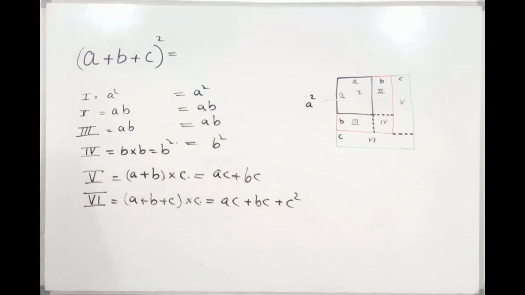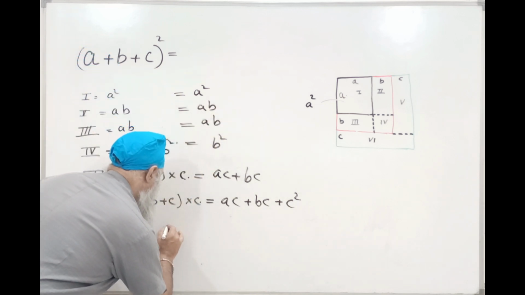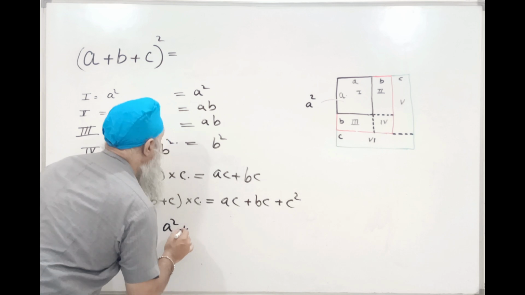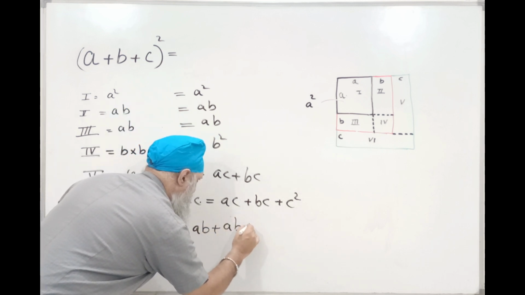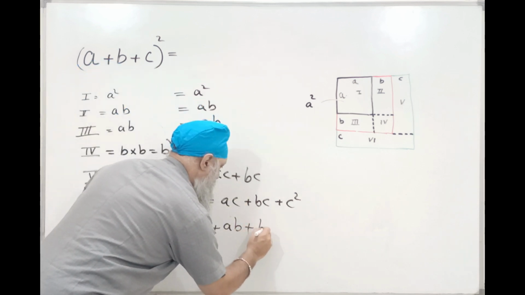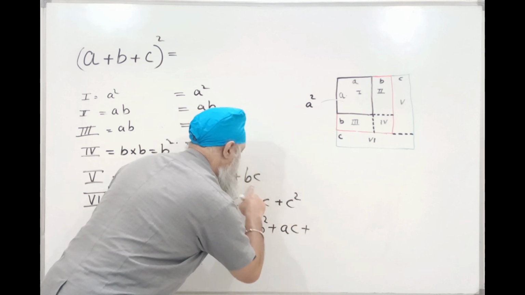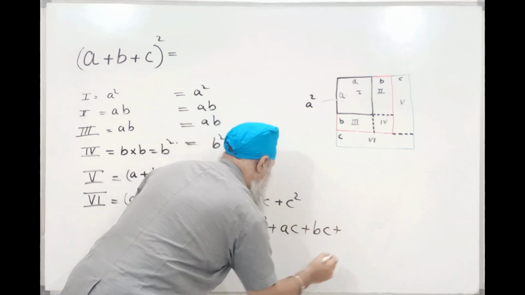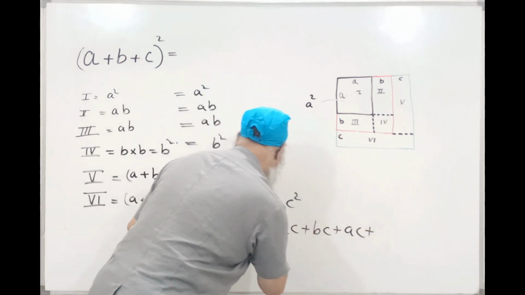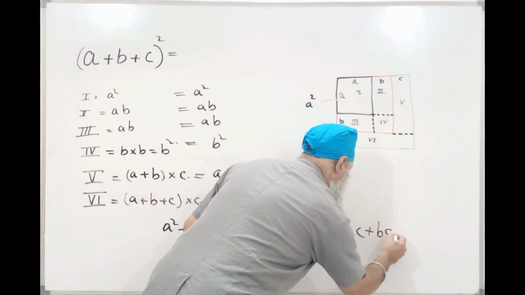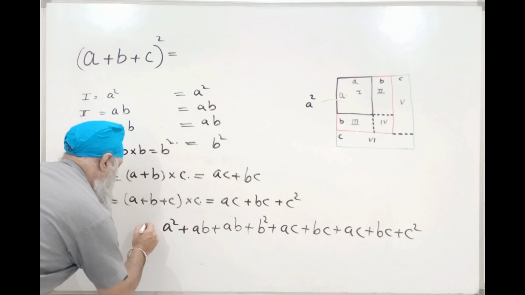So we add up all of these and it comes out to be A square plus AB plus AB plus B square plus AC plus BC plus AC plus BC plus C square.